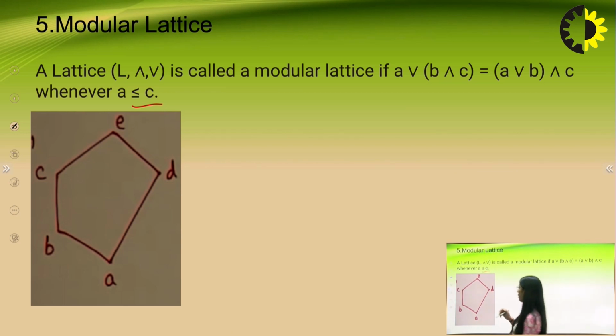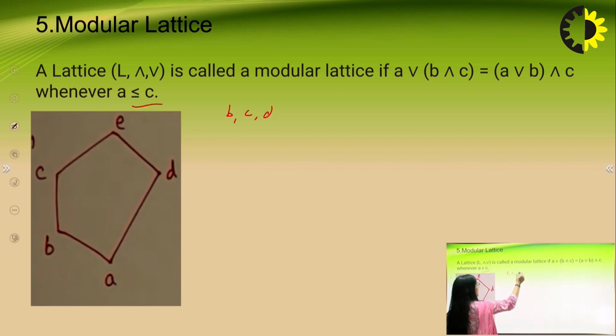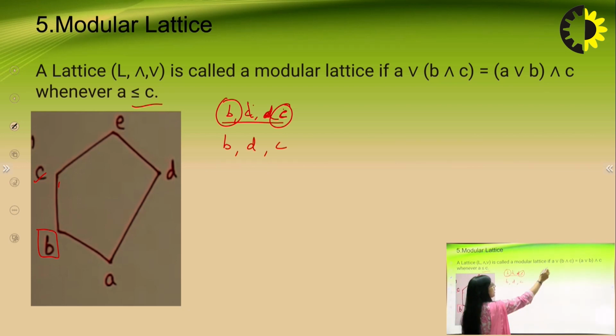For example, if we take any three elements like B, D and C, we know the level of B is less than the level of C, because B is on the level below C. So we can take this example B, D, C. For this we can check this property: B join (D meet C).